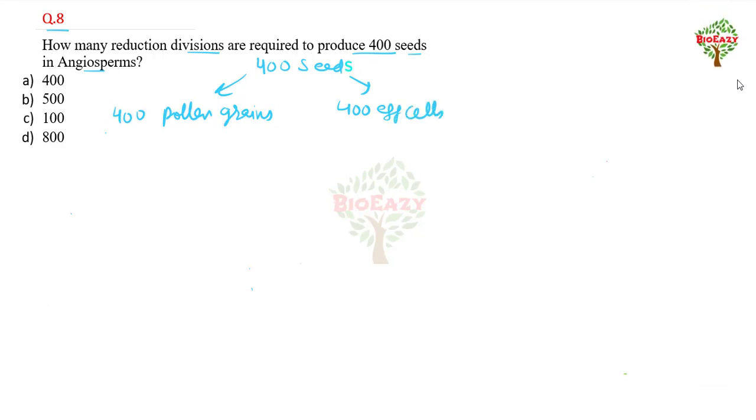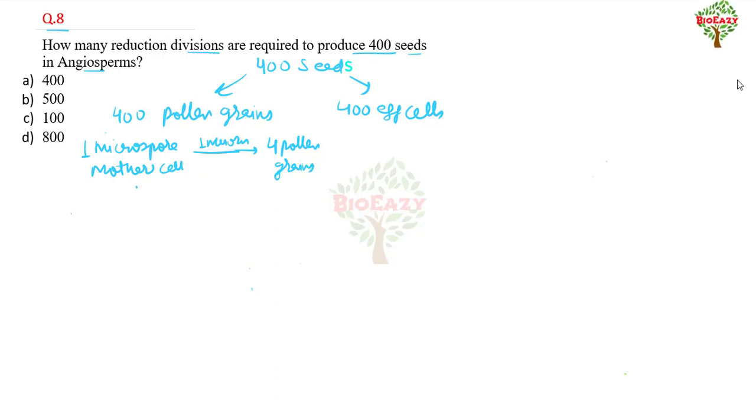So we all know that from one microspore mother cell, after one time meiosis, 4 pollen grains are formed. So here the ratio is 1:4. Now for the production of 400 pollen grains, the number of reduction divisions are 400 upon 4, which is 100.